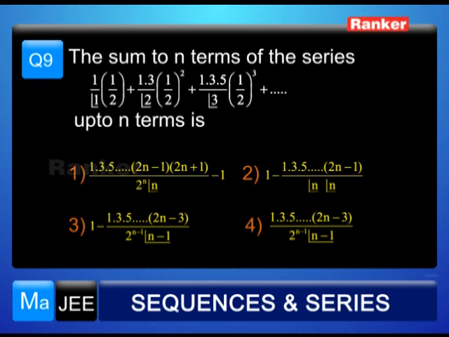Second option: 1 minus the product of n consecutive odd numbers divided by n factorial square. Then third option being 1 minus product of n minus 1 consecutive odd numbers by 2 power n minus 1 into n minus 1 factorial, product of n minus 1 consecutive odd numbers divided by 2 power n minus 1 into n minus 1 factorial.